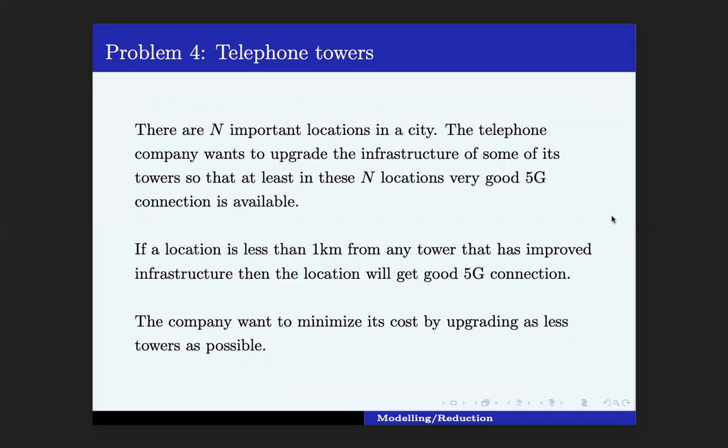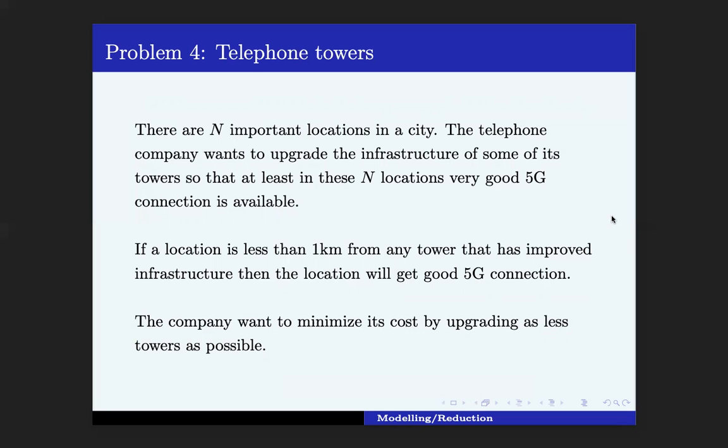Okay, n stations, and you have a set of locations where there is a tower, right? And of course, you know that it's in the city. There is some distance between them. That's also given to you, right? So think of it.